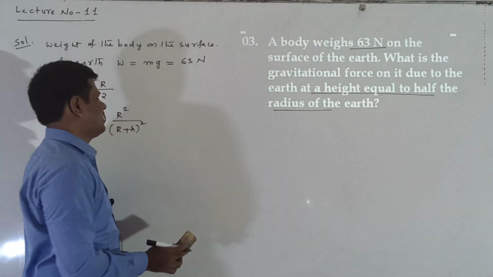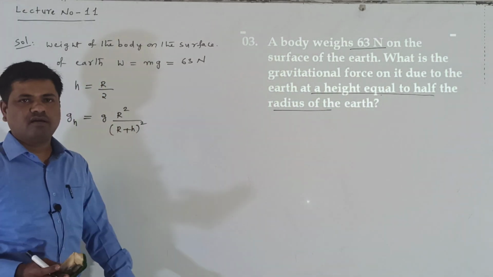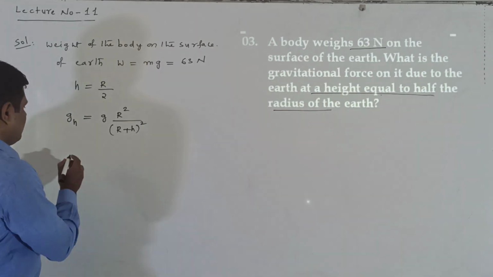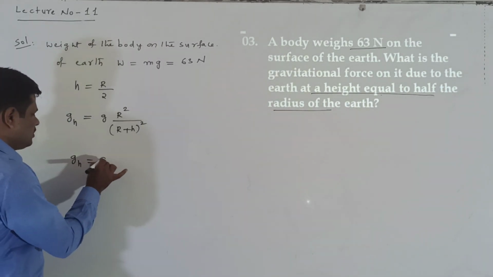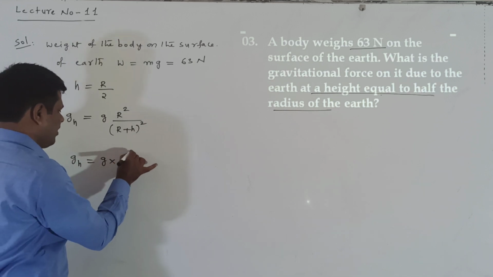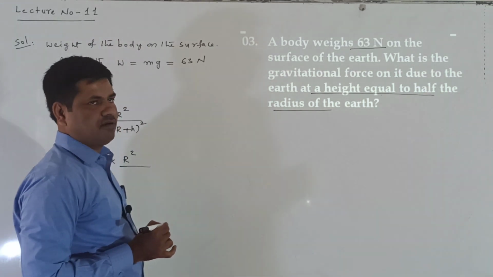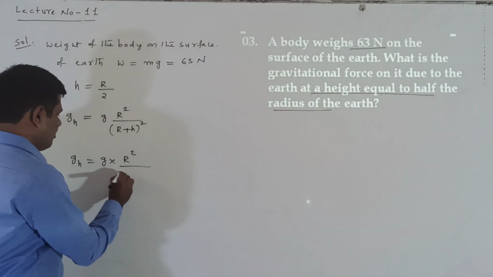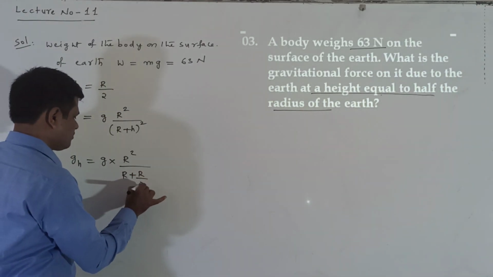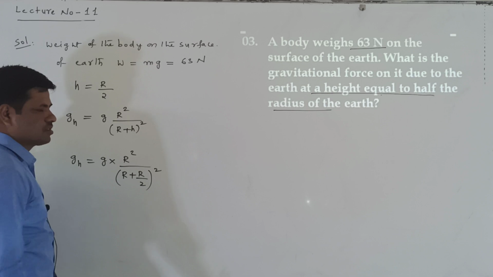That's the reason we are using this formula. Now gh = g R² / (R + h)², but h is equal to half of the radius, so I am writing (R + R/2) whole square.